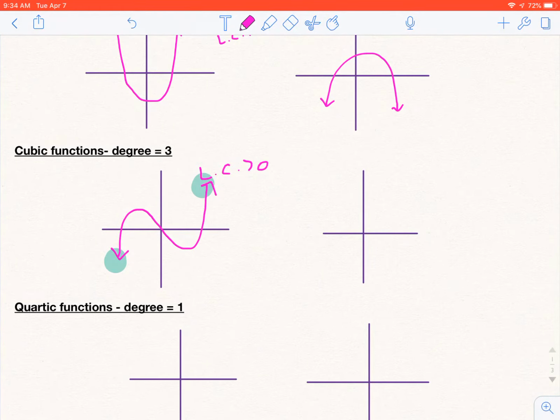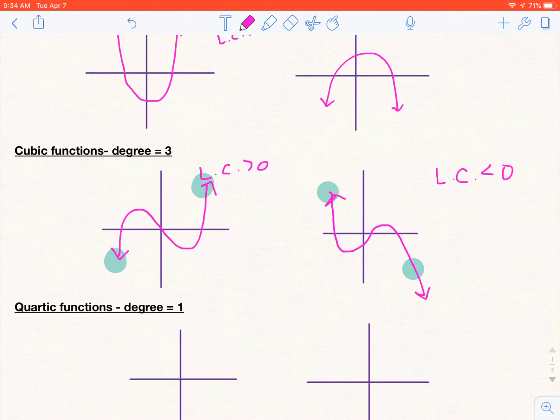It might not actually cross 3 times, but I know that that's what happens. And then similarly, when the leading coefficient is negative, it's going to start in the top left and go down to the bottom right. So when my leading coefficient is negative, I know that it has to start up here, and then it has to finish down here, just like the line.